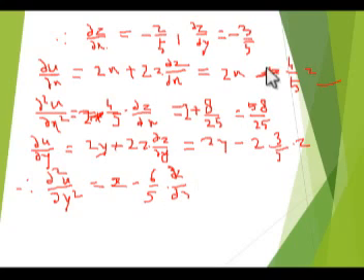Now if we put this value, we will get 2 plus 18 by 25. So after adding, it will be 68 by 25.